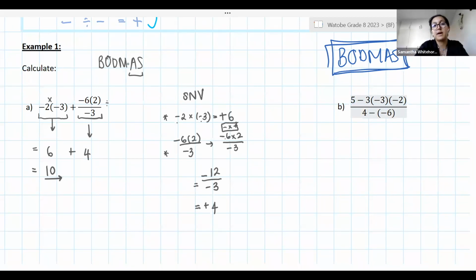So BODMAS. In my numerator, I've got this multiplication that I need to do first according to BODMAS. So I need to say -3 times -3 times -2. Now, if you need to do it separately, do the -3 times the -3, and then take that answer and multiply it by the -2, but you can also do it all at once.